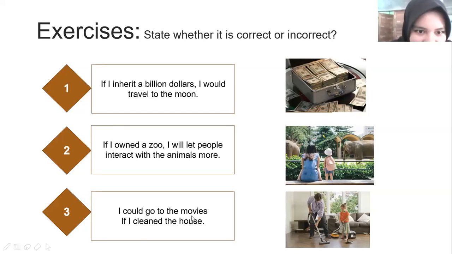So which one is the if clause and which one is the result clause? I could go to the movies is the result clause, and the if clause is if I clean the house. We swap the places, and that's fine.